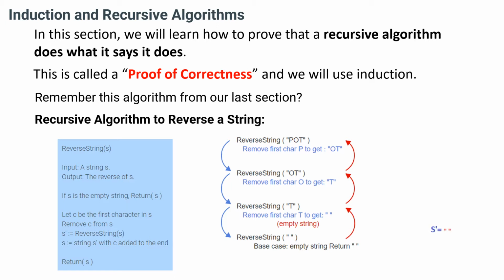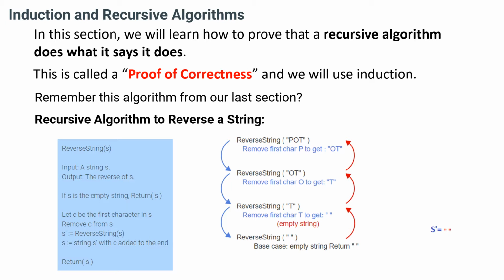And then in this algorithm, they were calling what gets returned S prime, right? If you look over here in the algorithm, S prime equals reverse string S. So whatever we get from a call to reverse string, we're going to call it S prime. So we return the empty string, and we'll call that S prime.